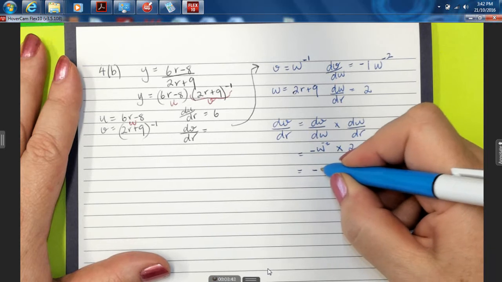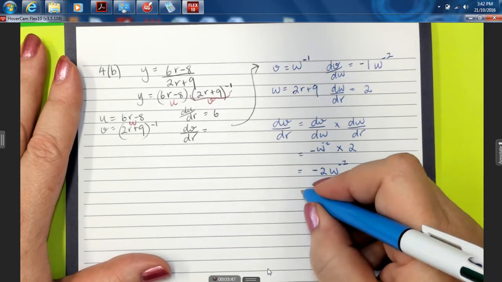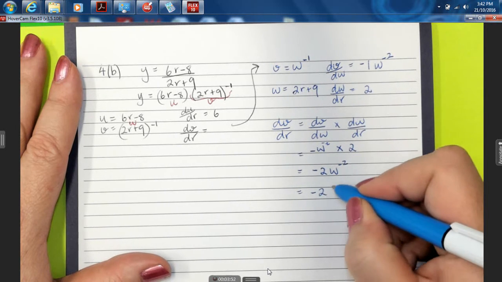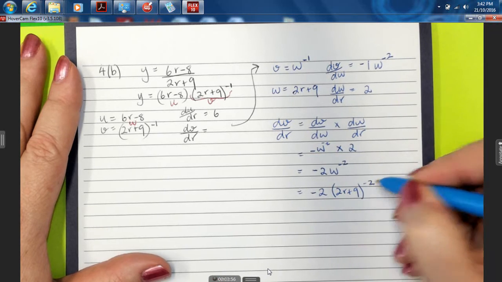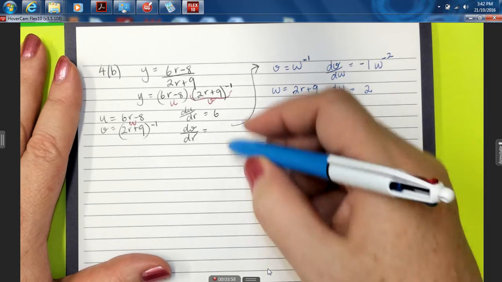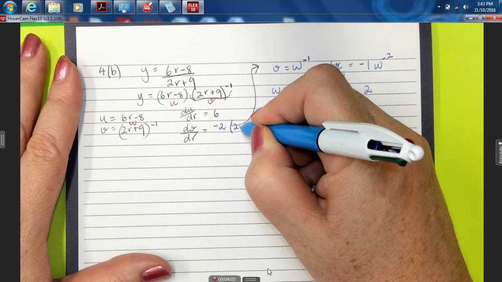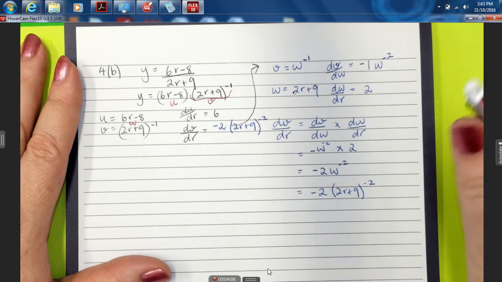So we've got minus 2w to the minus 2. Now we slot back in the w function, which is that one: minus 2, 2r plus 9 to the minus 2. And that is going to go back over here. Minus 2, 2r plus 9 to the minus 2.